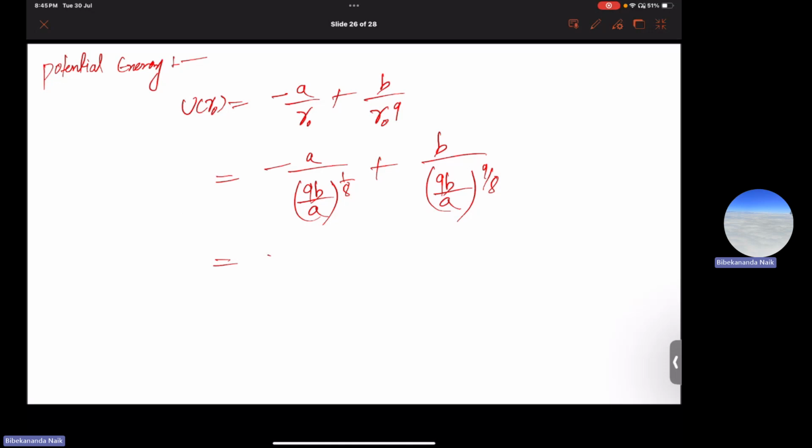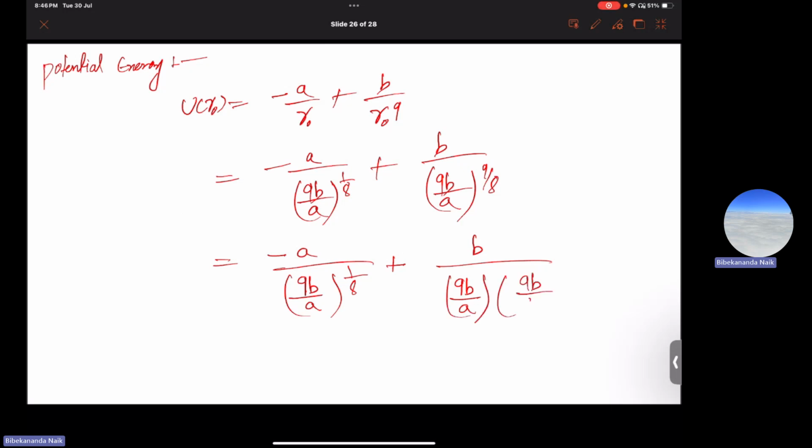So this is minus A divided by (9B by A) to the power 1 by 8 plus B divided by 9B by A into (9B by A) to the power 1 by 8. If you take 1 by (9B by A) to the power 1 by 8 common, it will be minus A plus A by 9, since B gets cancelled out.